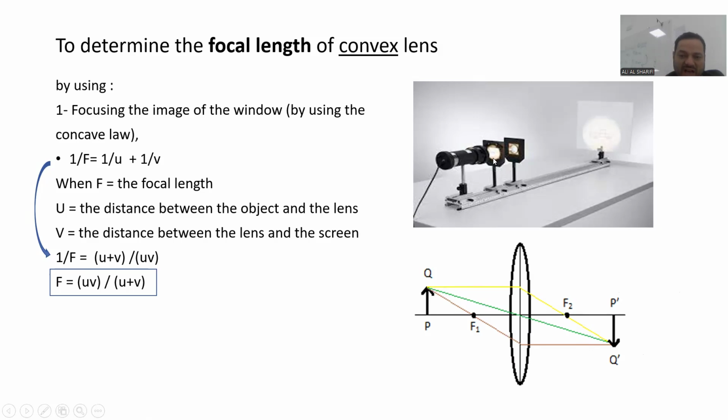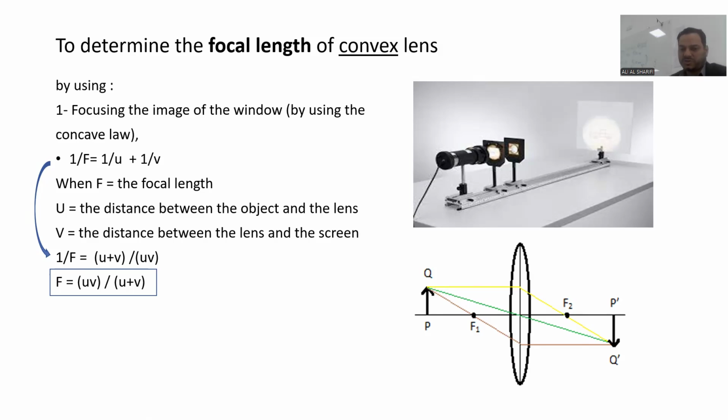That means when I have a tree at this object, I will have an inverted tree at the screen with the same size.